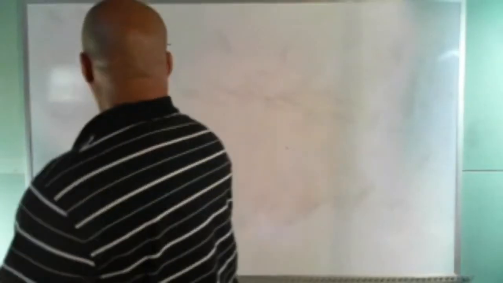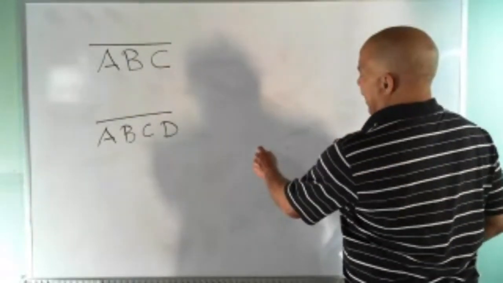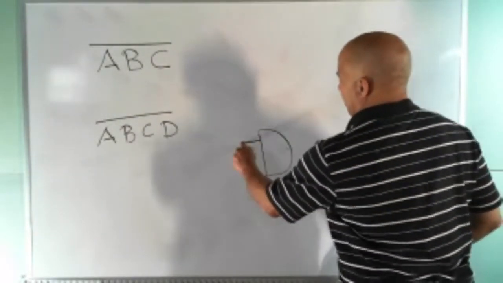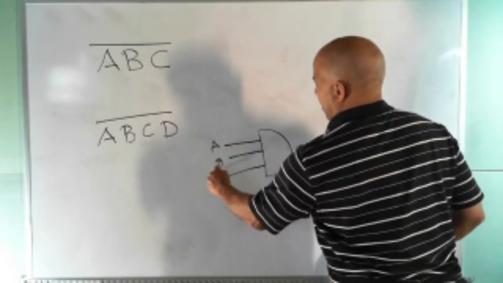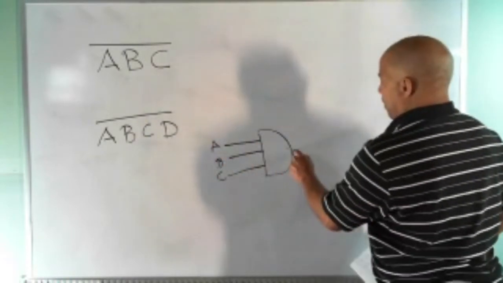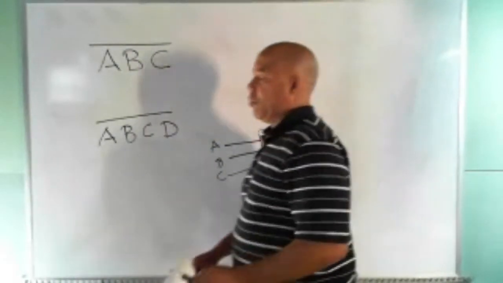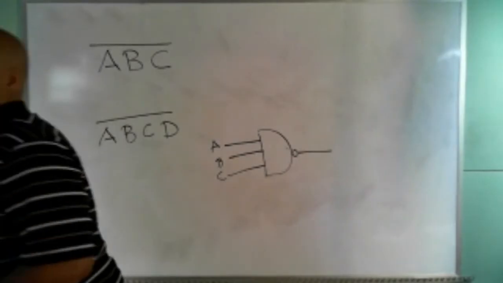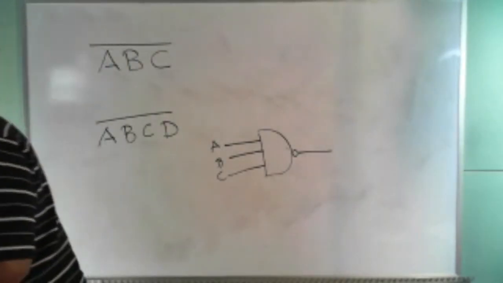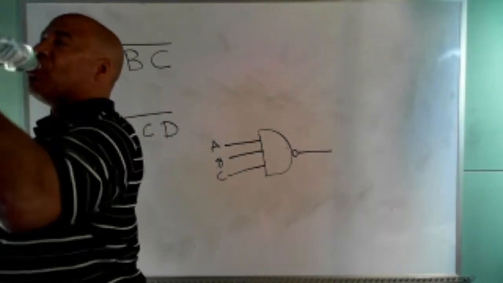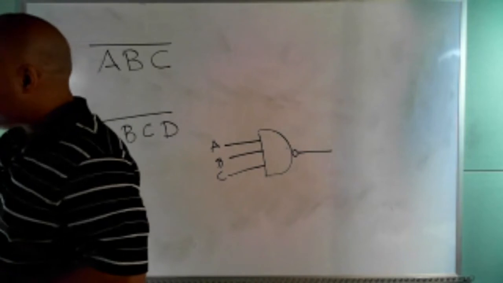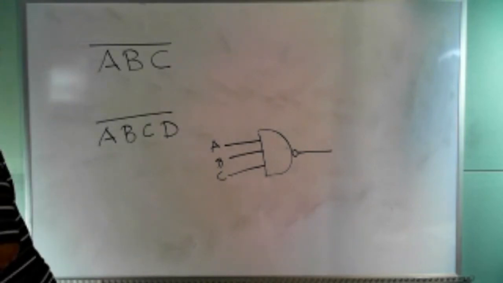Now the gate for this one, if you make the gate, it's just a 3-input AND. And then to get that not, you put a bubble there. But if you demorganize it, you can write the logic of that in terms of an OR gate, basically a negative OR gate. So you want to break the line, change the sign.